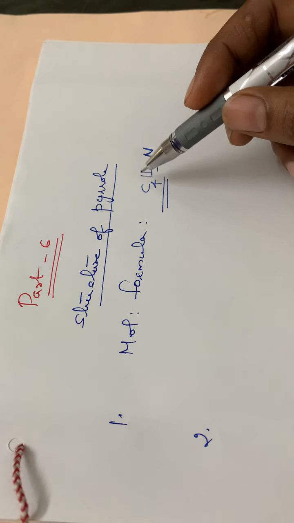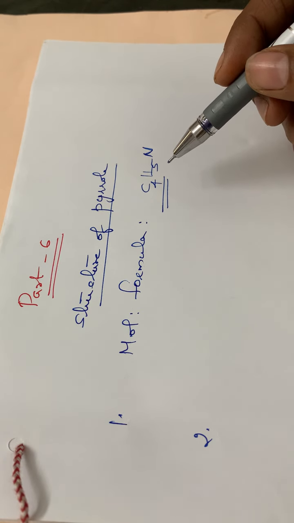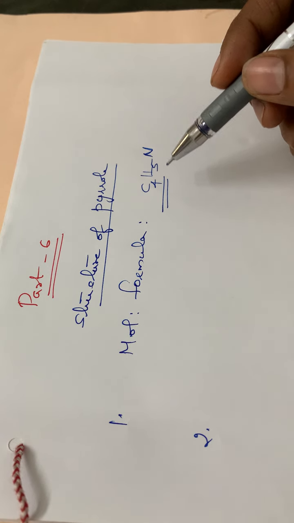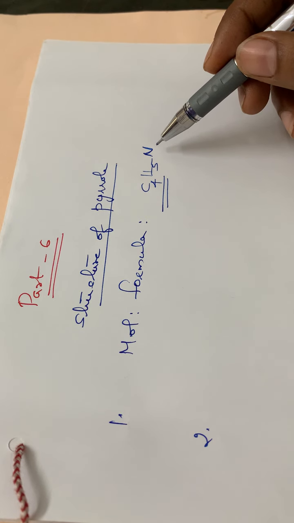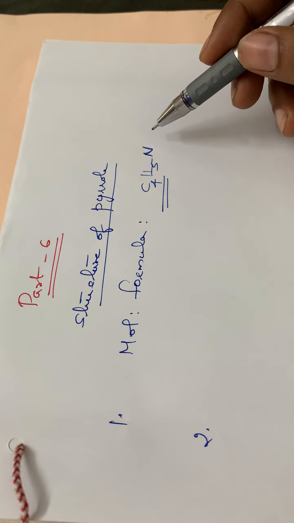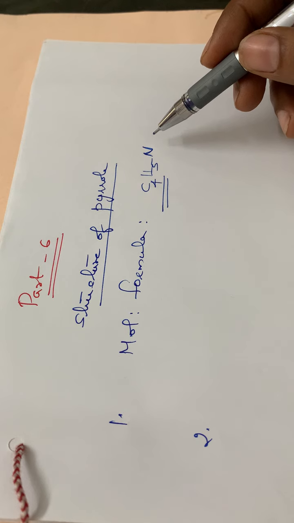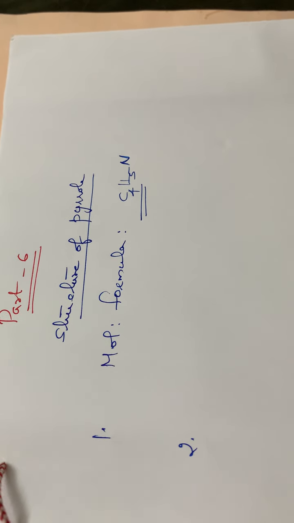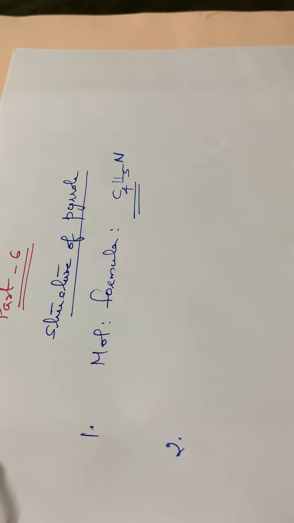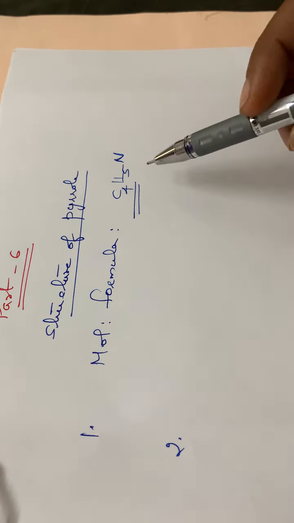Likewise here also we will be determining the elements present in that particular organic compound. And after getting the presence of nitrogen, we have to find out whether it is a primary, secondary or tertiary nitrogen. So many steps are there in the structure elucidation of any organic compound. So this is the first step.